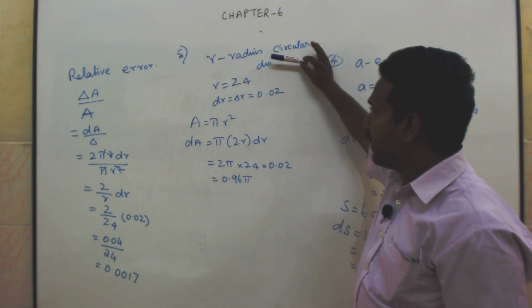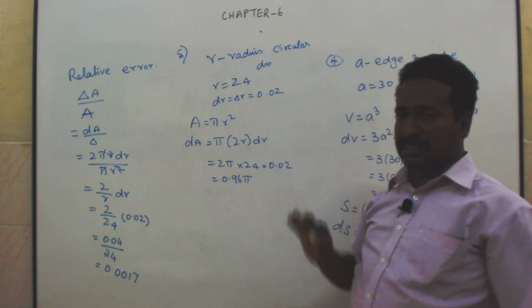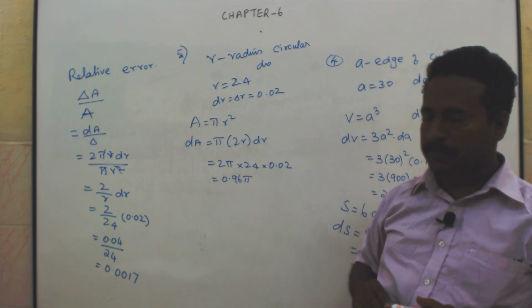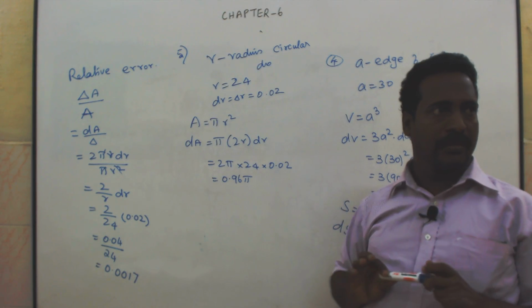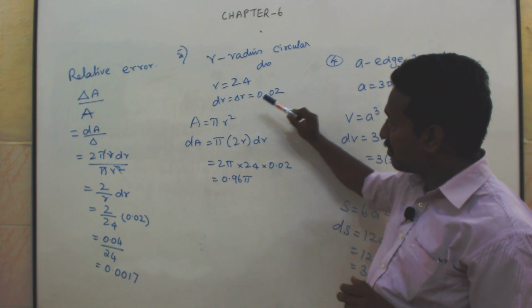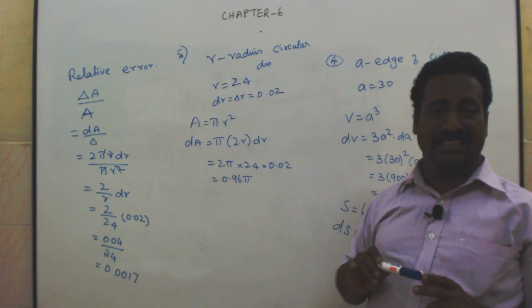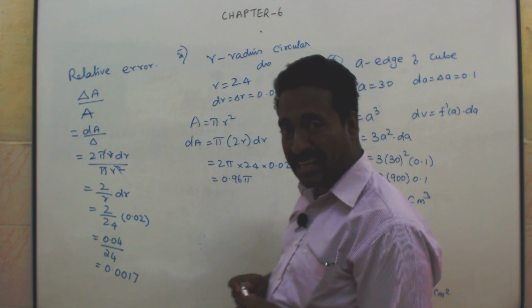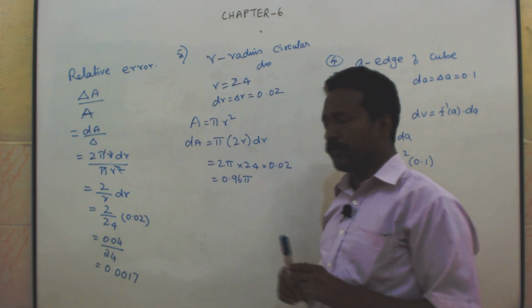Listen, R be the radius of the circular disc. Radius is given. dr, the change in the radius, is also given in the problem. We have to find out the maximum error in area.